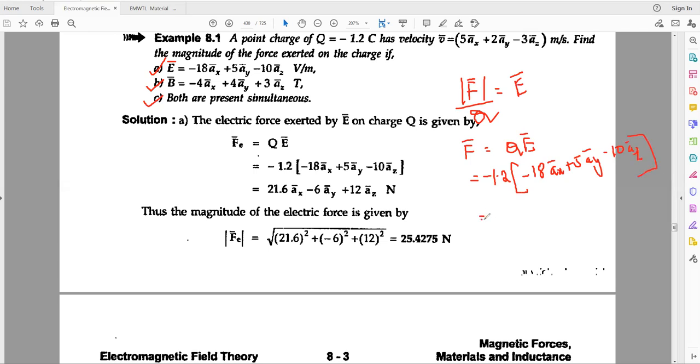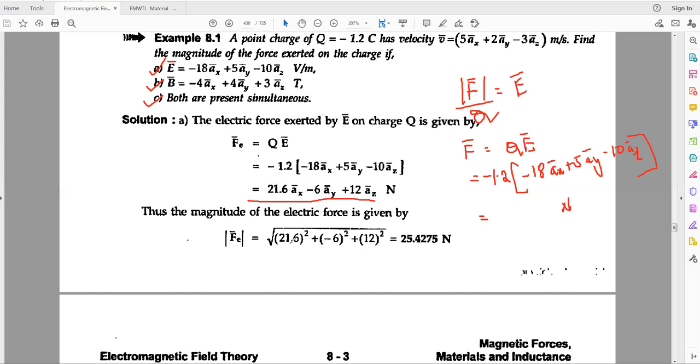Multiplying this with minus 1.2, with 18, 5 and 10, we get 21.6 ax bar minus 6 ay bar plus 12 az bar. The force is in newtons. But they are asking for the magnitude of the force exerted.